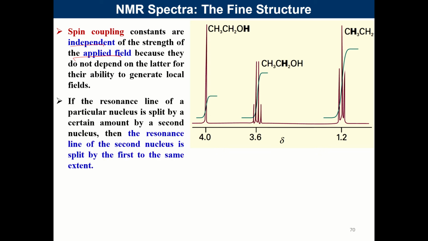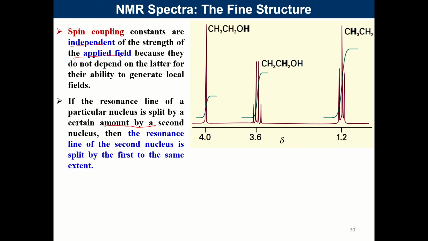Yeah, so if you have a system, say two nuclei having two distinct chemical shift positions, and one of them splits by a certain amount, then at the position of the second nucleus in the NMR spectrum you will also find the same splitting pattern.